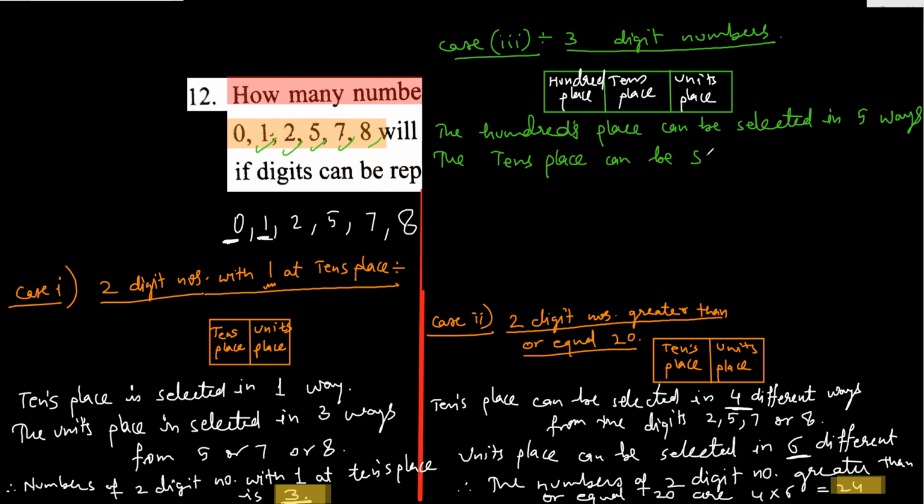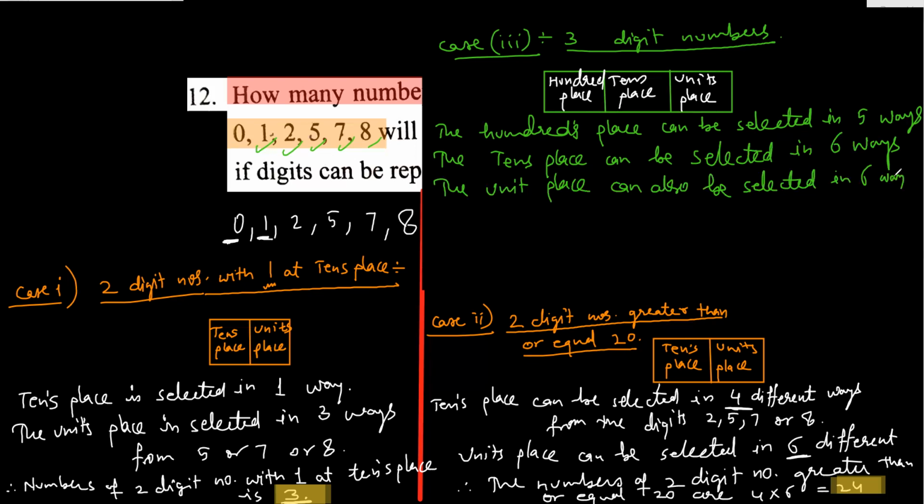So what do I write? The tens place can be selected in 6 ways. Okay, the units place can also be selected in 6 ways. So my dear students, tell me now, how many different ways you have?